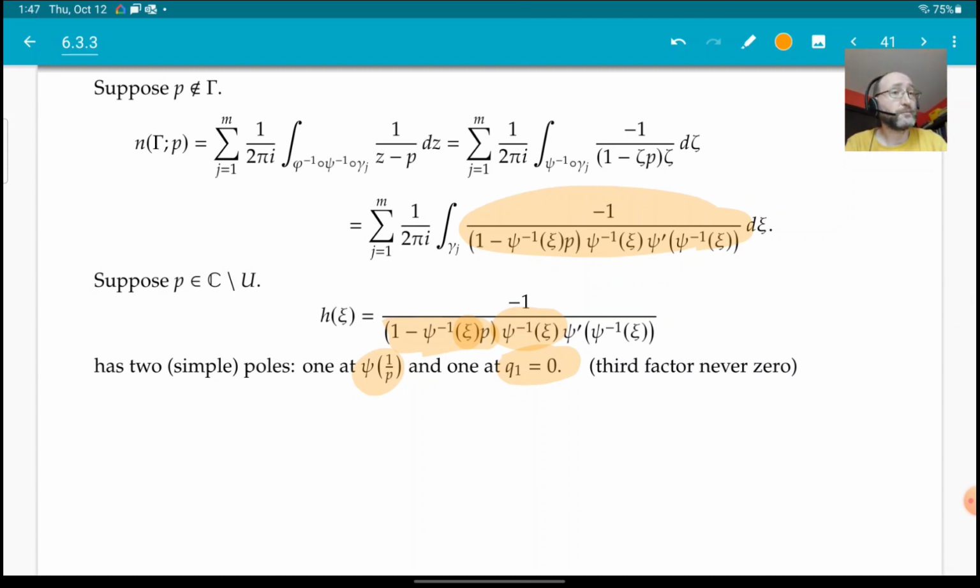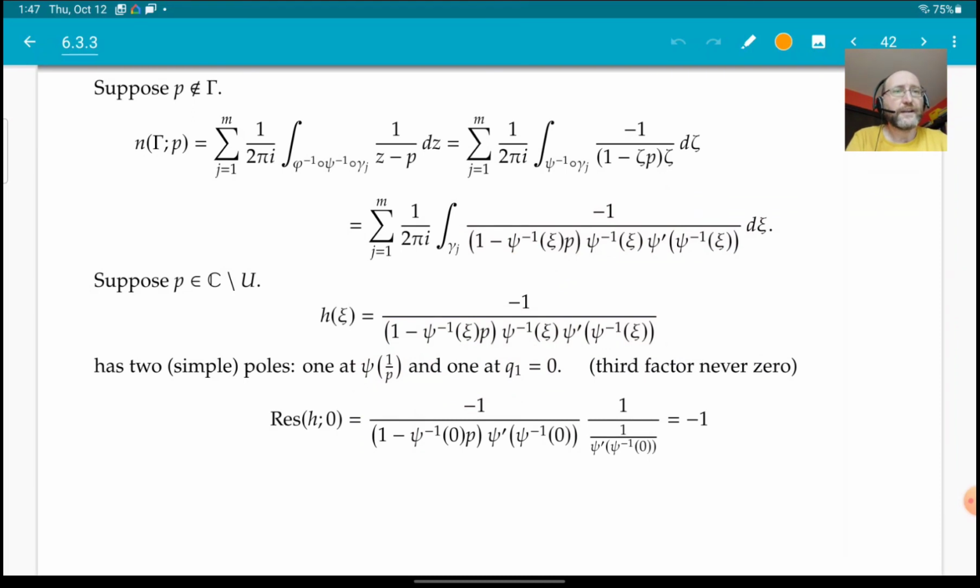So it has 2 simple poles, and this guy is never 0, again because it's a biholomorphism. All right, so let's figure out the residue. We're going to use the residue theorem for H at 0.